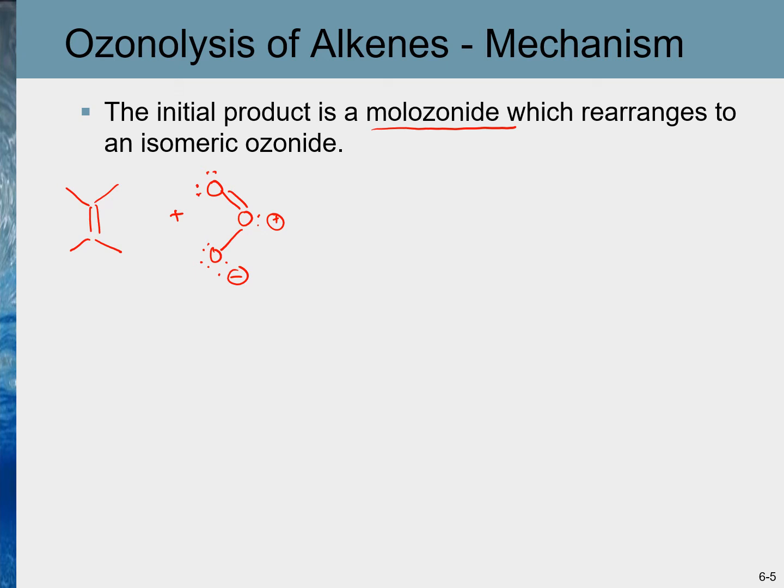Alkene, as we know, is a nucleophile, so it will attack the electrophilic site, which will trigger the formation of a five-membered ring intermediate, and this five-membered ring intermediate is known as the initial ozonoid.